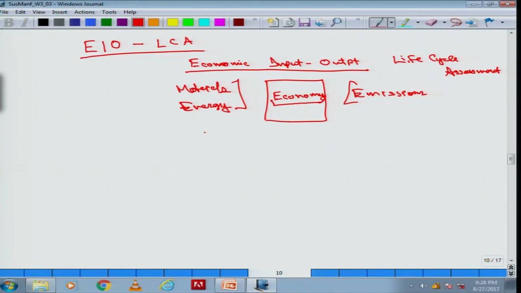It was actually developed by an economist who is a Nobel laureate, Wassily Leontief. He developed this method in the 1970s using the input output work for an economy that he did in about the 1930s.